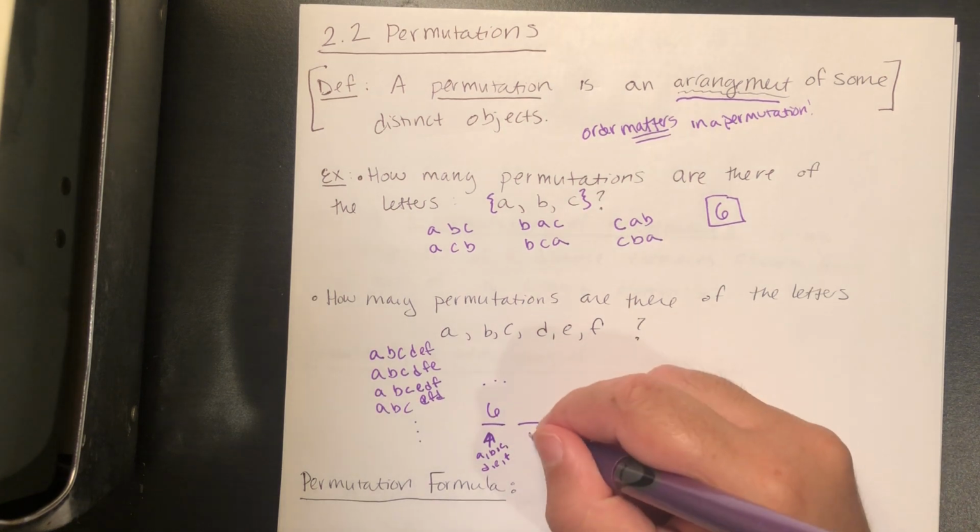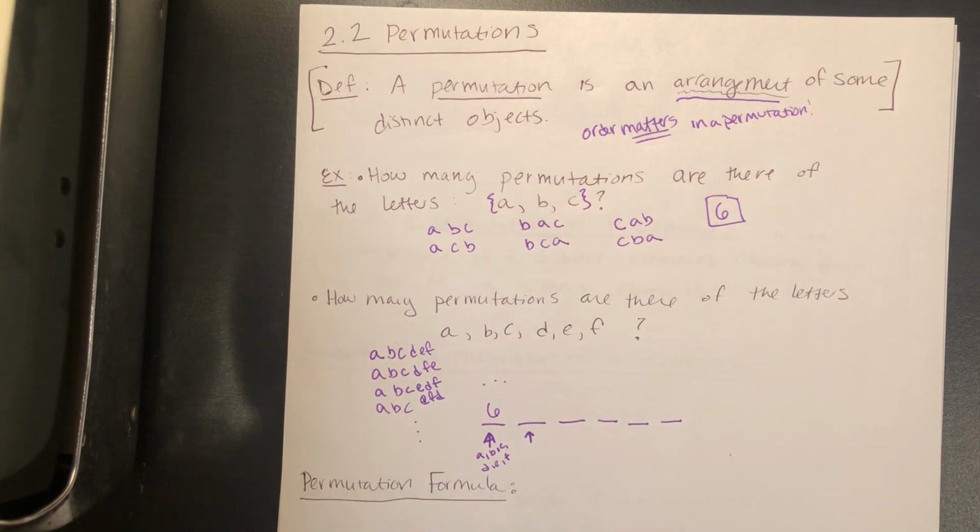Now, what are our options for the second letter in the string? I can't really list them out anymore because the actual options you have here depend on what choice you made first. If you had filled in the first spot with an A, you would have to choose a B, C, D, E, or F here. If your first choice had been a B, you would have to choose an A, C, D, E, or F here. If you had started with a C, you'd have an A, B, D, E, and F here.